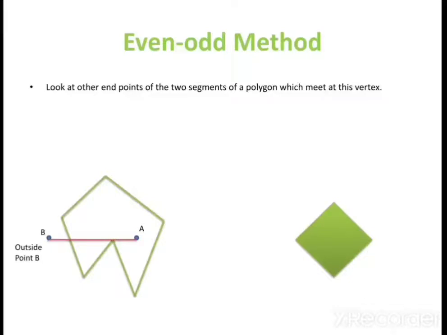Now, you can see here that the line is intersecting the polygon at 2 different points. So, this is the single point. Here the point is itself a vertex of the polygon. You can see that this point is an intersection point, and it is also a vertex of the polygon.